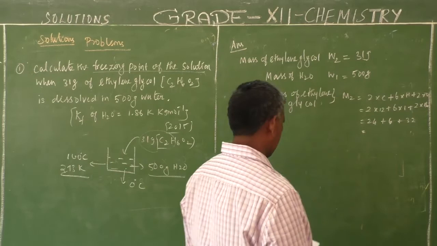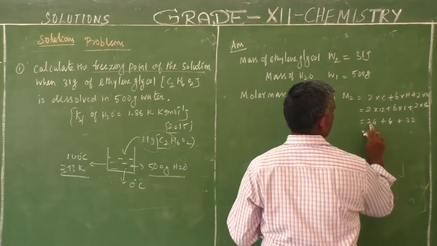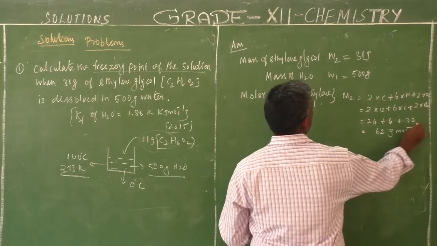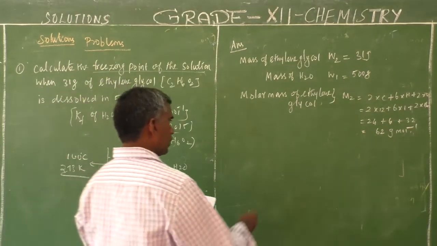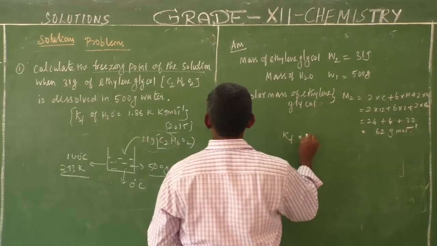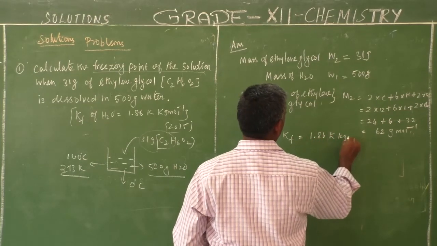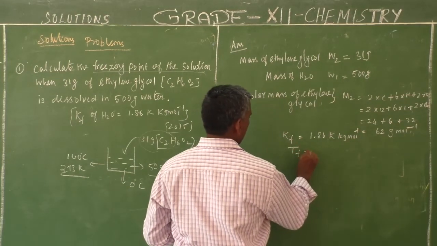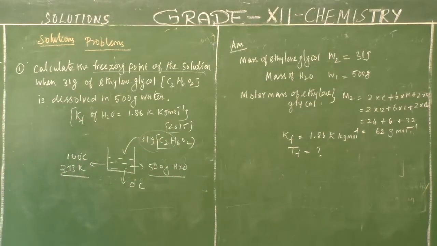The answer is 62 gram per mole. That is the M2 value. Kf value is given as 1.86 Kelvin kilogram mole inverse. Then we find Tf. This is the data.